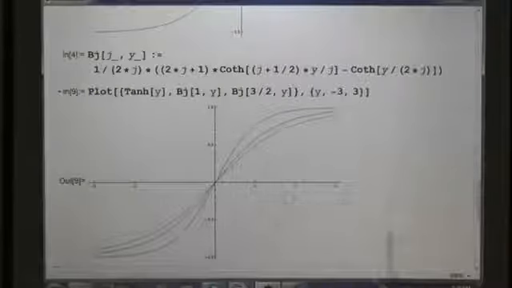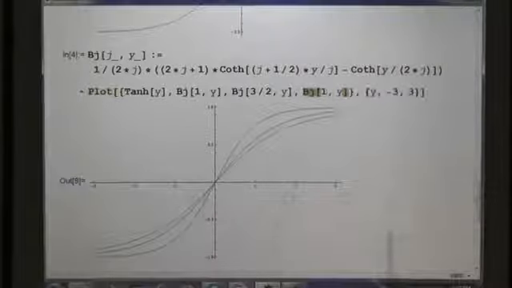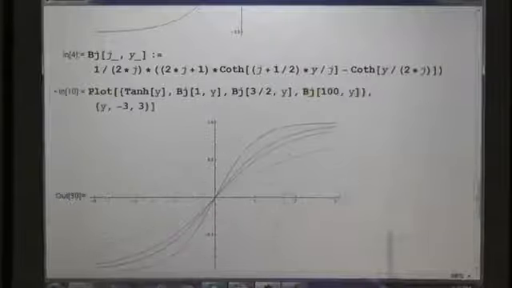So all of these lines take the same general shape, but they are different, and experiments will tell you, if you measure the magnetization as a function of temperature, you can tell what the spin of the system is if it's really a paramagnetic material. If I increase J to a really large value, say 100, this is what I get.